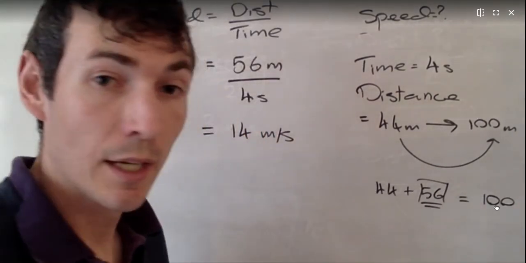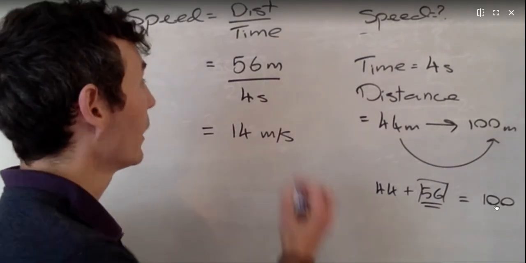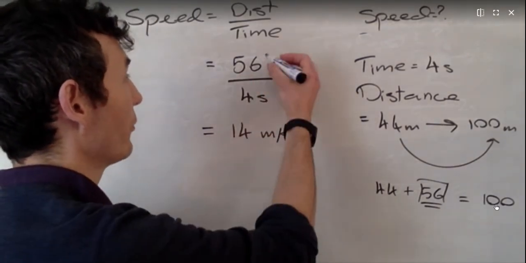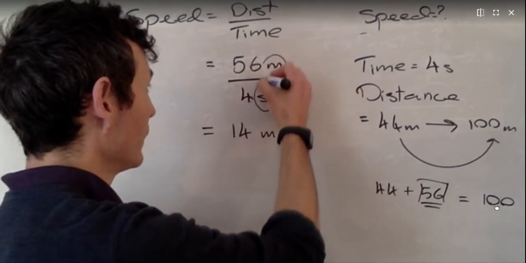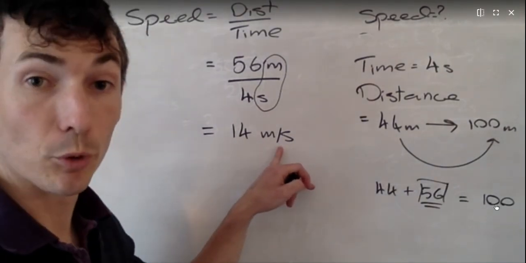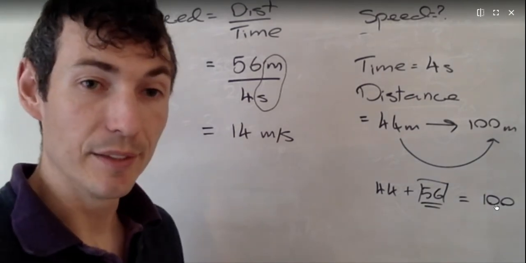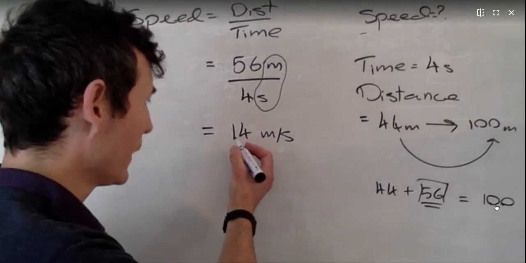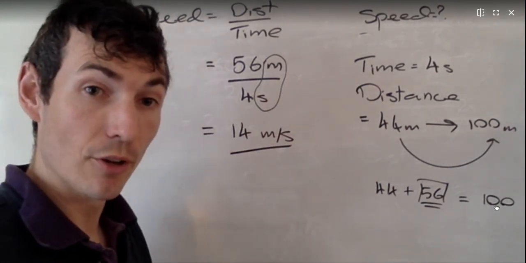Now how did I know that my unit was meters per second? Look up here at our question. It is 56 meters divided by seconds. So I just put my forward slash to the side here. That's the only difference. Now this means that the average speed is 14 meters for every second.